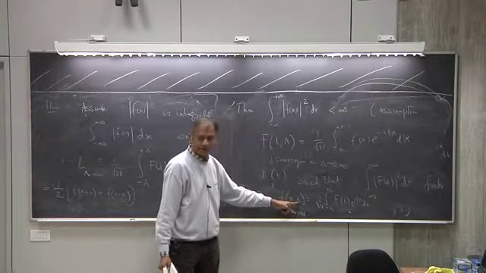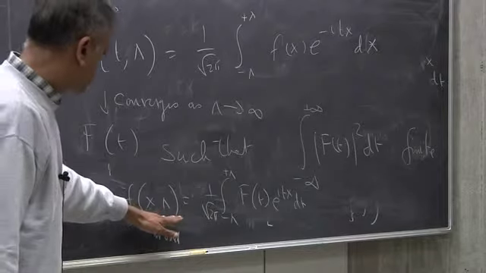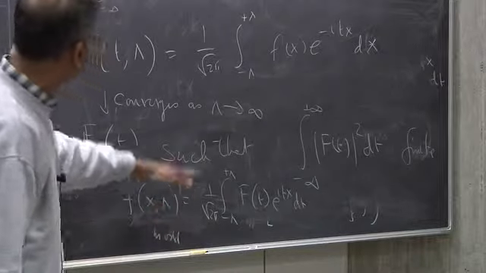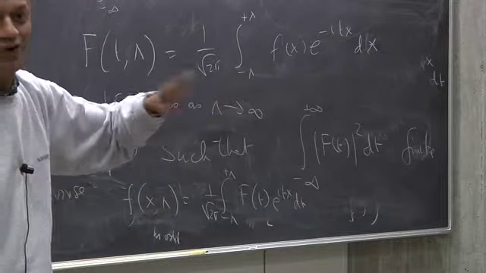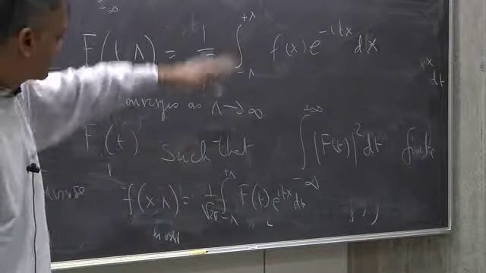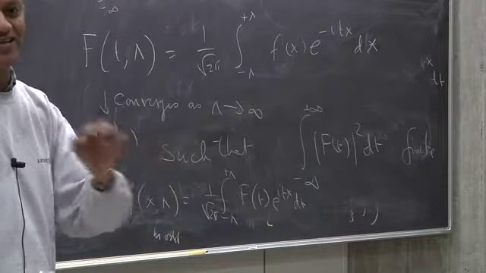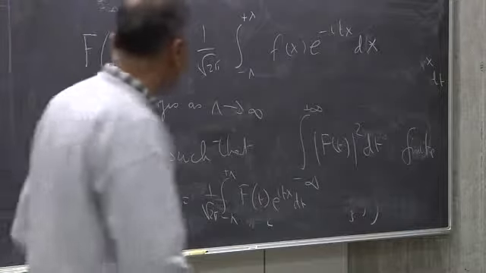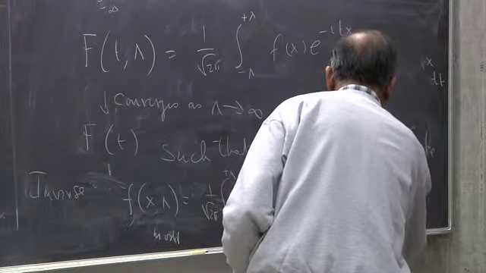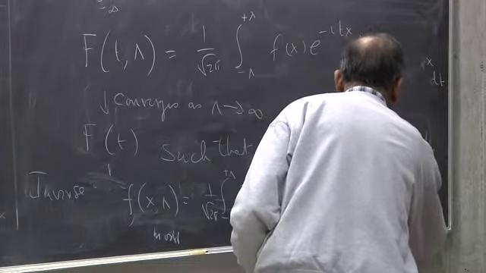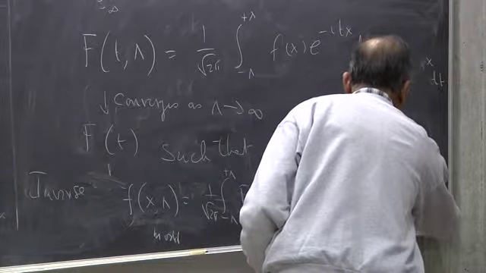As you take lambda to infinity, this again converges, and it converges to the original f of x almost everywhere. Every statement in this theorem is almost everywhere. So as lambda goes to infinity, this converges to f of x almost everywhere.